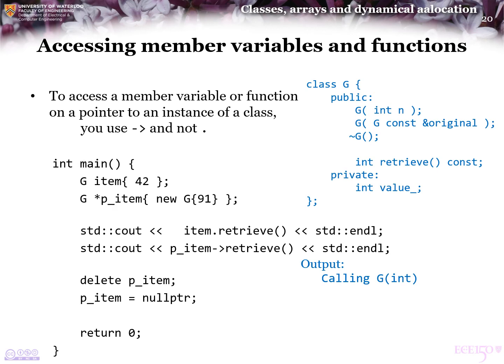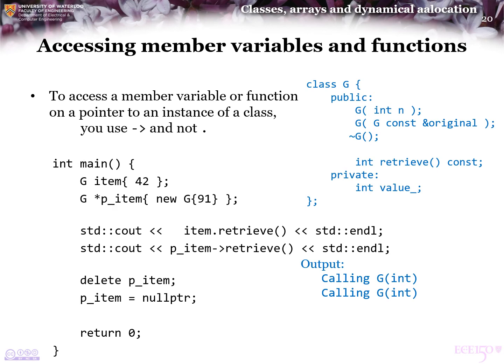Next, we declare pointer to item to be the address of an instance of G, and it is initialized with whatever is returned by the call to new G with the argument 91. This again results in a call to the constructor with the argument 91.